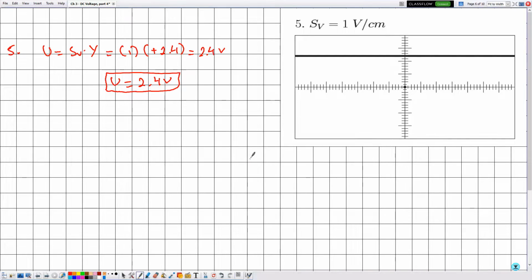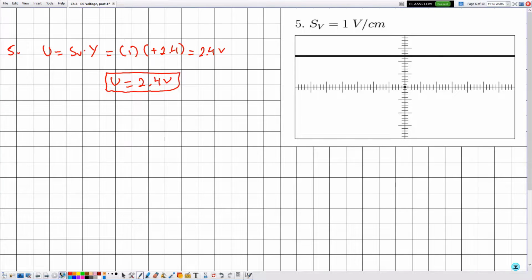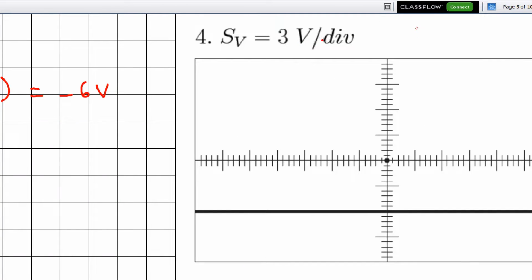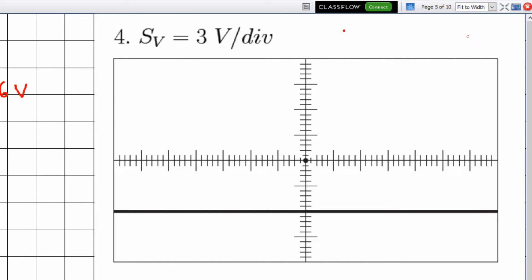And here notice the following. The unit of the vertical sensitivity is given by volts per centimeter, whereas here the unit of SV is given by volts per division. And what's the difference between them? Let me say here that we can also have that SV is equal to 3 volts per centimeter. When SV is expressed in volts per division, with Y equal to minus 2 divisions, then Y will be expressed in divisions.